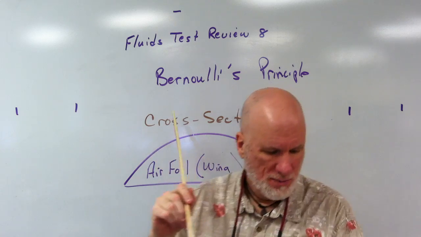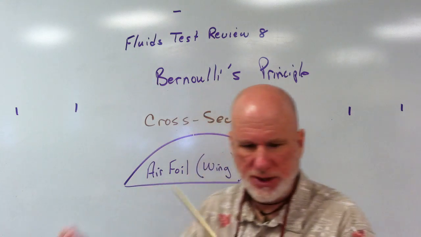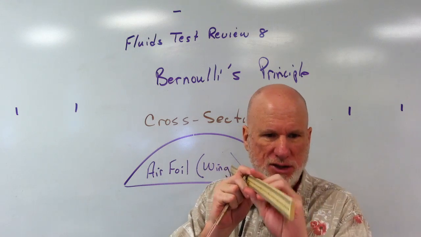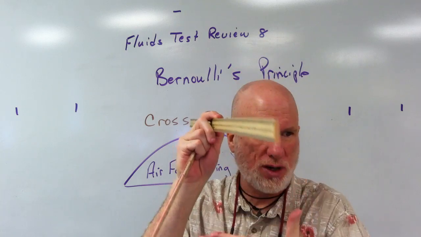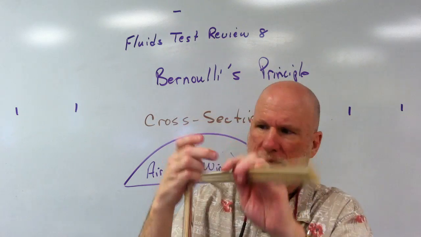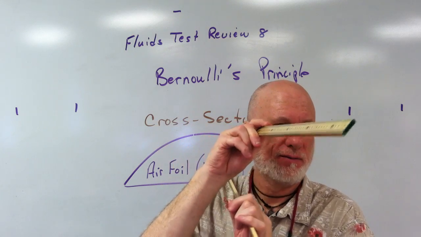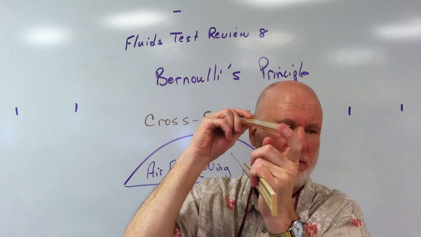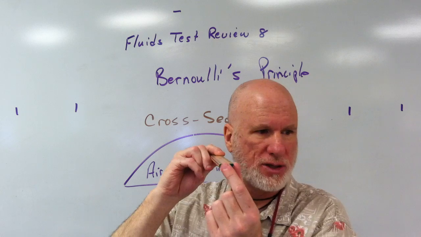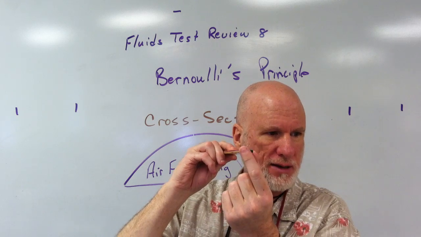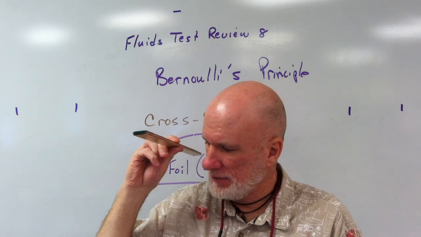But a cross-sectional view of this meter stick, like what does it look like on the inside? The cross-sectional view would be this part right here. Would be the cross-sectional area. Do you understand that?